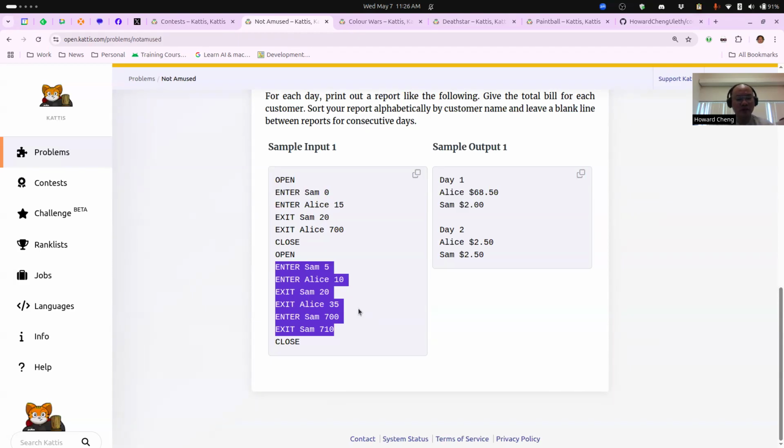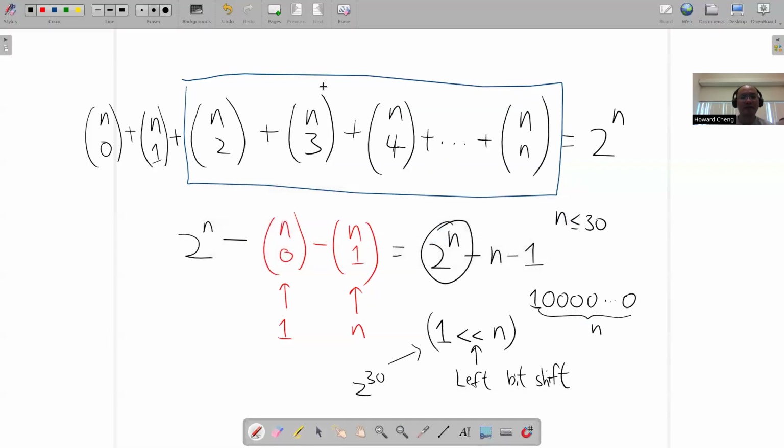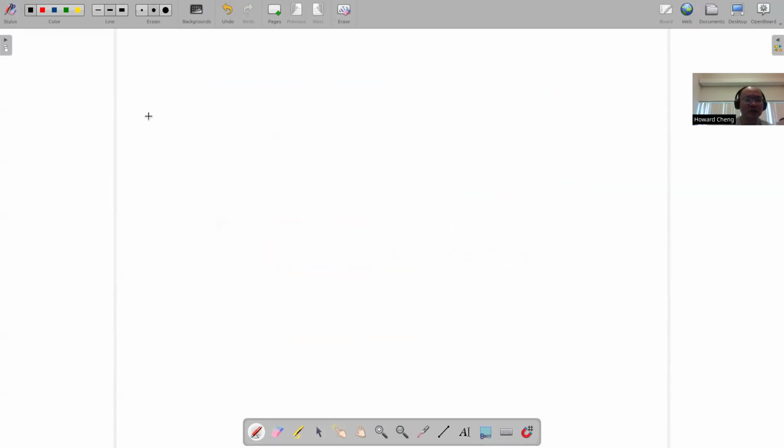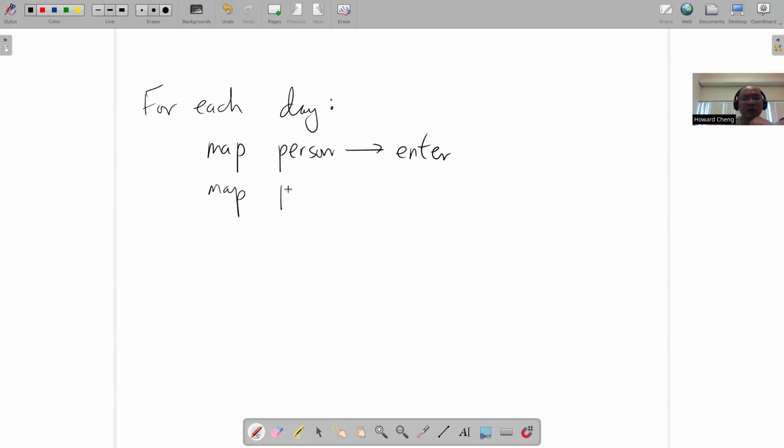All right, so what is our plan? Our plan is to keep track of, for each day, a map that goes from the person name to the time that that person enters, and also another map that maps a person to how much money they spent that day.